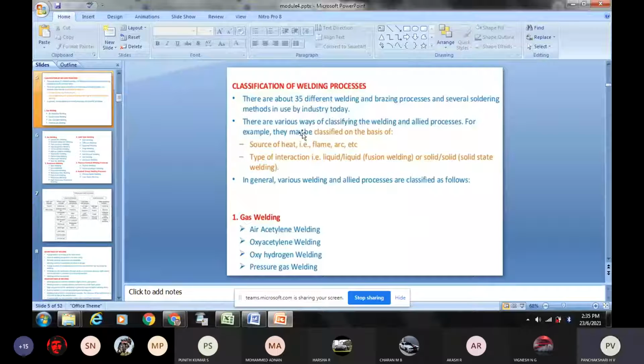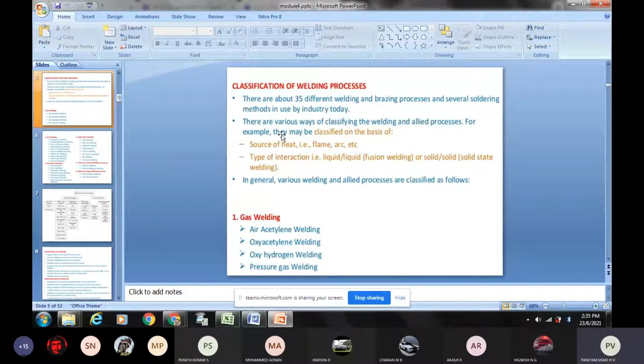So different welding processes are there. Normally, while walking, you might have seen general workshops on the roadside, where they keep on welding. That is what we understand as welding. But here it is mentioned that there are about 35 different types of welding processes. So now we will see what those welding processes are.